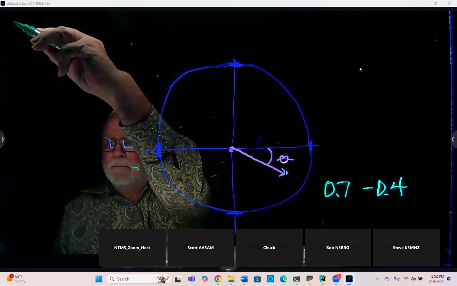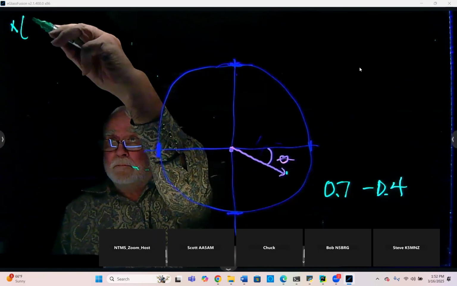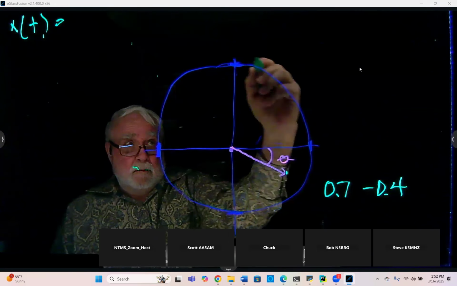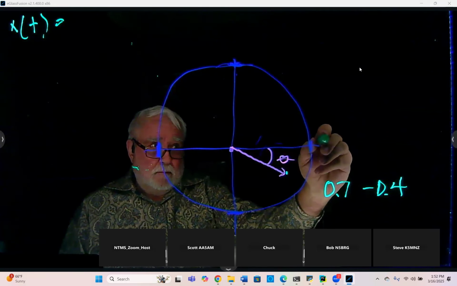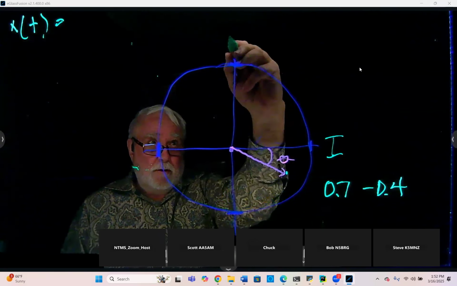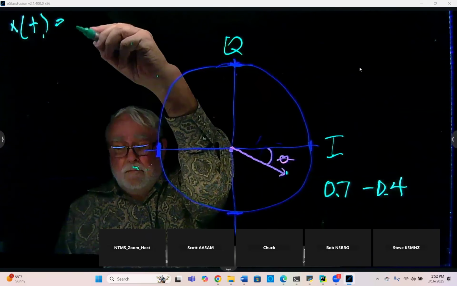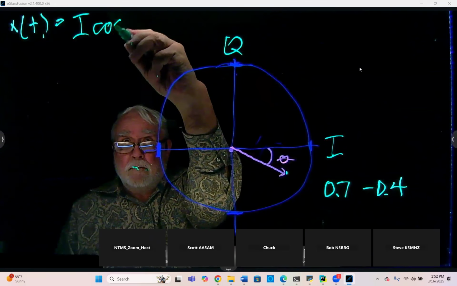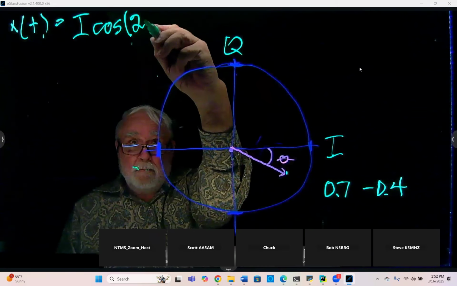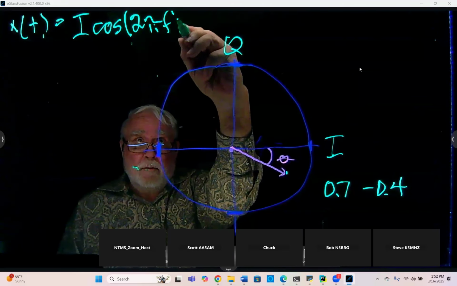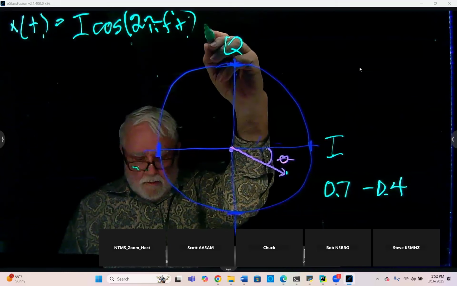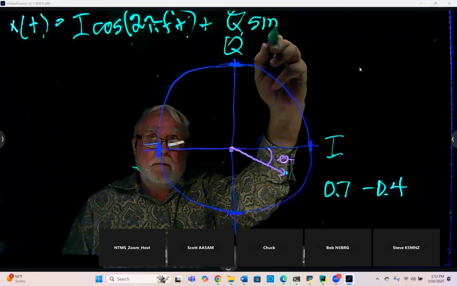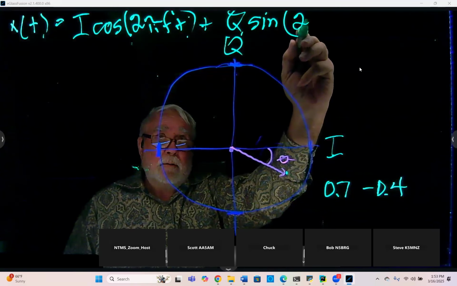Transmit signal will equal, this is I and this is Q, will equal I cos 2 pi ft plus Q sine 2 pi ft.